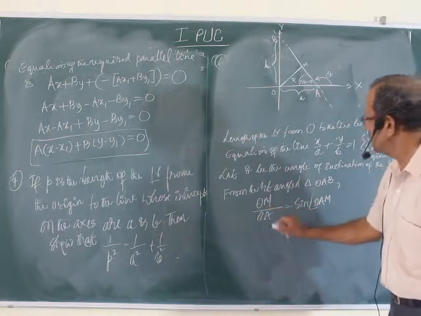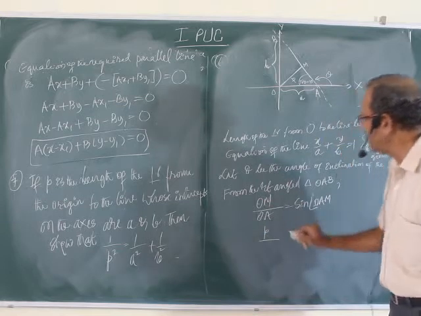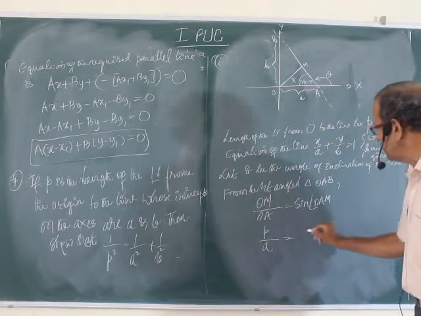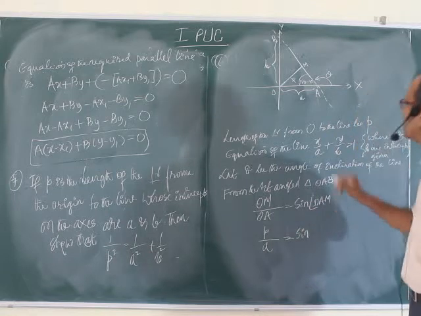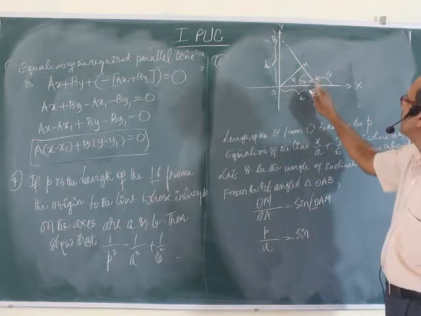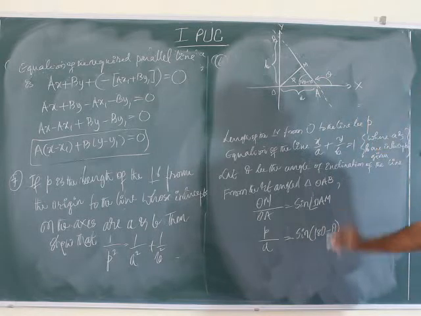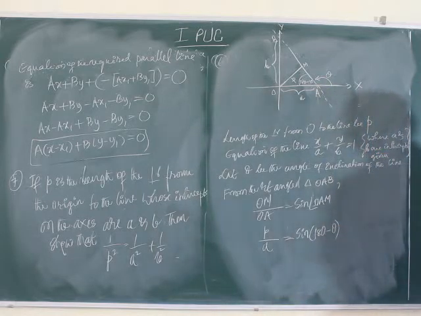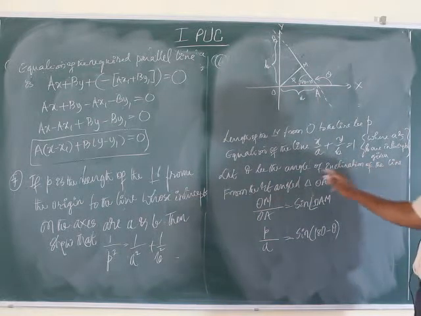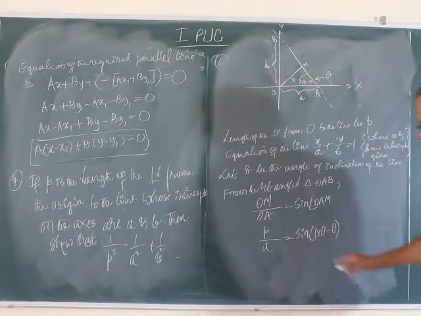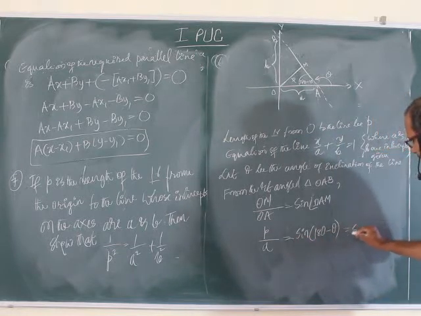OM is P divided by OA is A equal to sine of 180 minus theta. Whenever the angle of inclination is taken as theta, it is 180 minus theta. But sine of 180 minus theta is, by allied angle, sine theta itself.